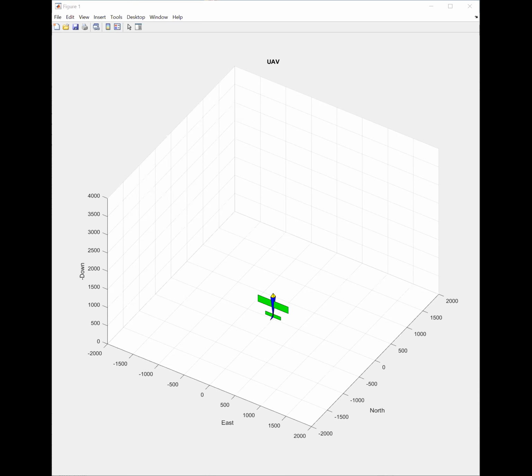In other words, the rotation in roll. Now I'm going to do a 90-degree rotation in roll. A 90-degree rotation in roll is about the vertical axis. And a 90-degree yaw is also about the vertical axis. So in other words, roll and yaw, both of these angular variations are in the down axis.